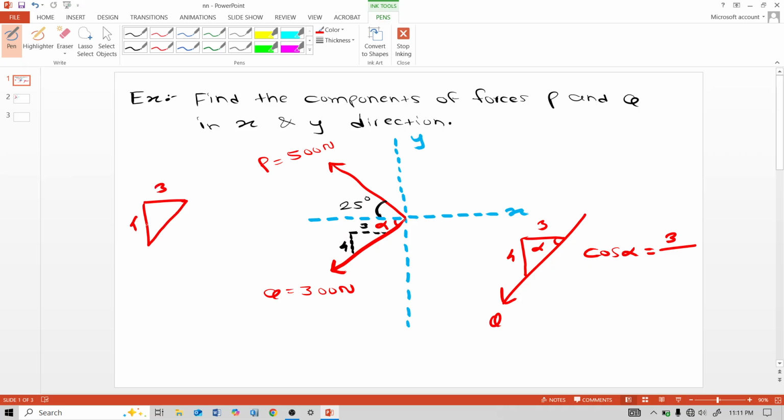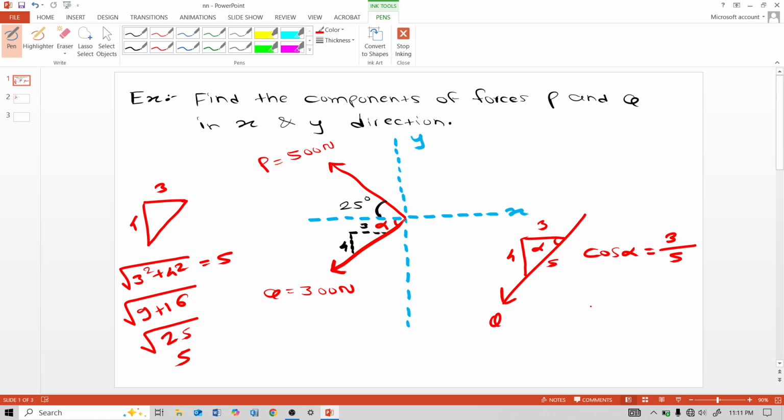Under root of 3 square plus 4 square: 9 plus 16 is 25, so yes, it is 5.